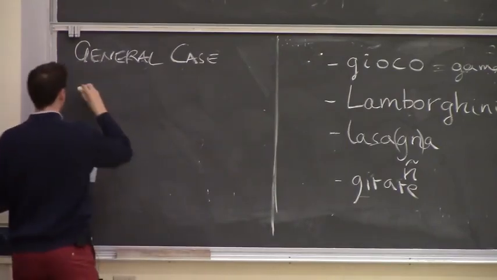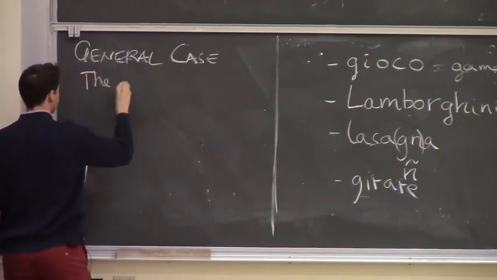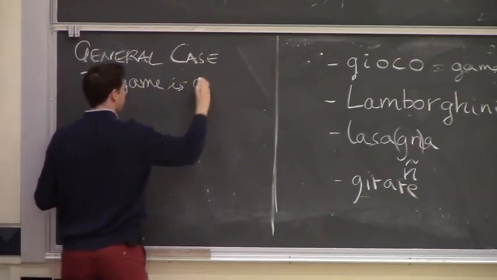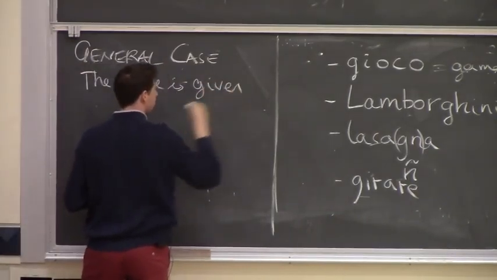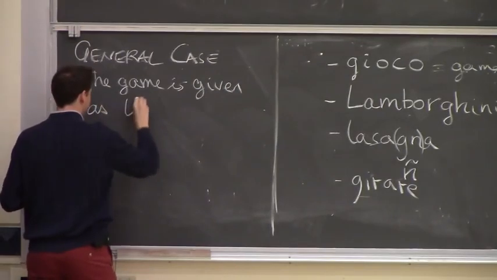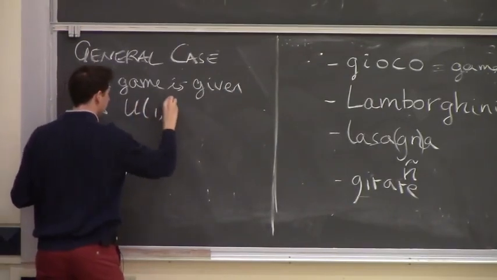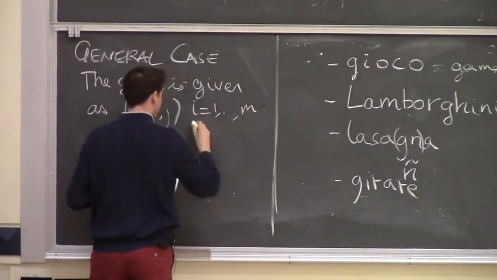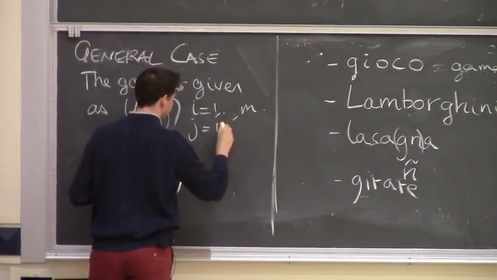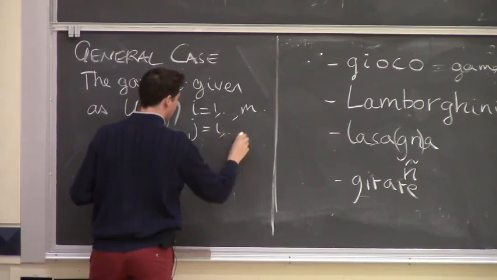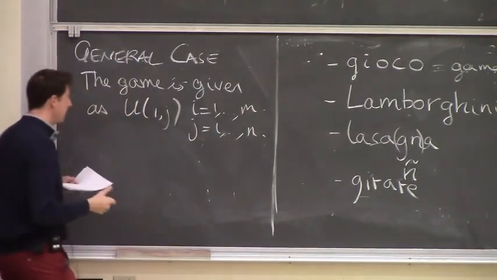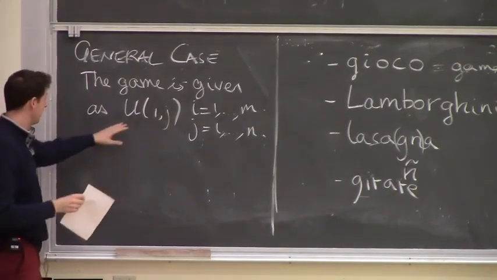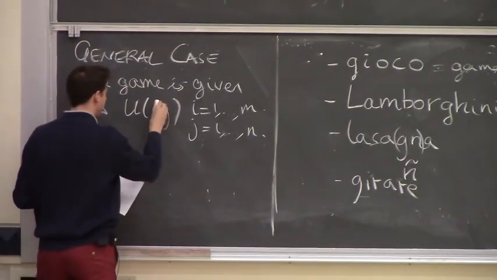So now we have the game given as just the matrix Uij for i going from 1 to m, and j going from 1 to n. So this is a general 2-player zero-sum game, right? We just got a matrix of things.